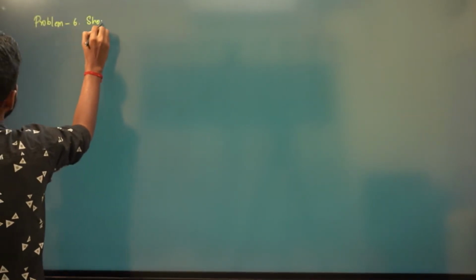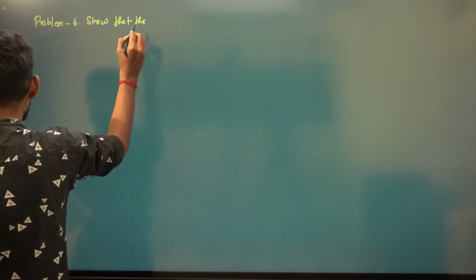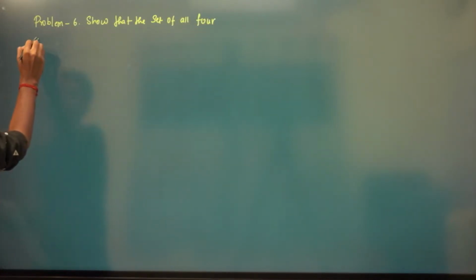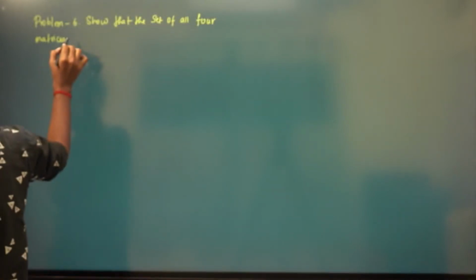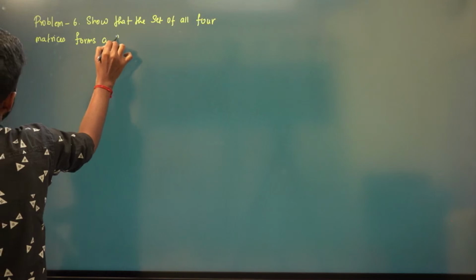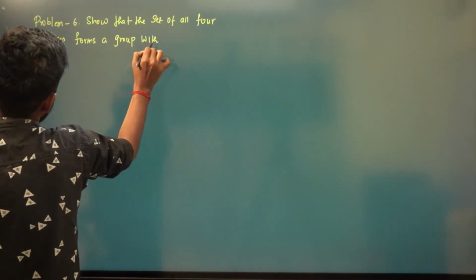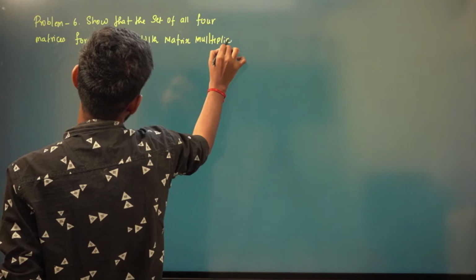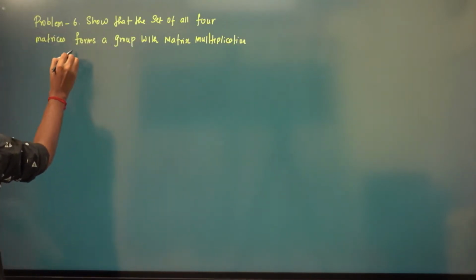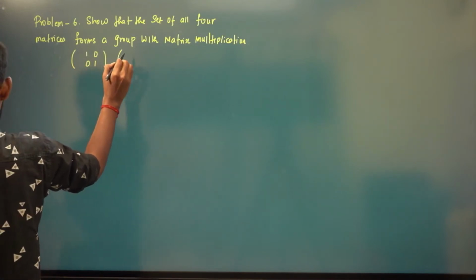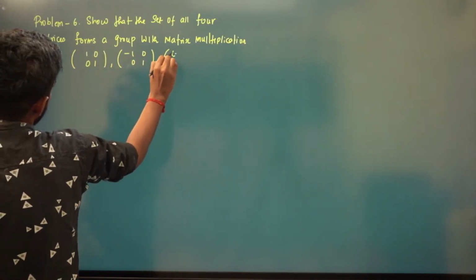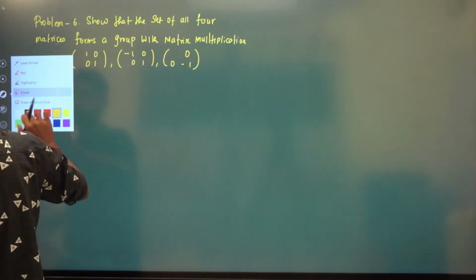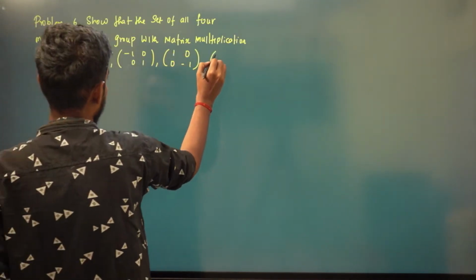Show that the set of all 4 matrices, 1 0 0 1, minus 1 0 0 1, 1 0 0 minus 1, forms a group with matrix multiplication.